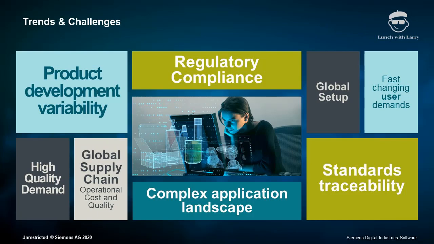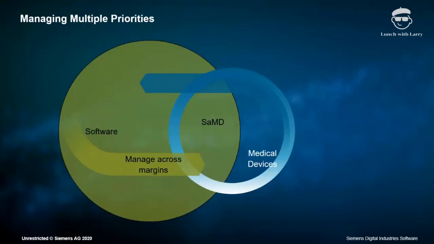So when we develop the product, oftentimes we'll have software that is a medical device and software that is not a medical device, and we need a system to put all this together in a way that allows us to manage across the margins, do some projects driven from only our internal marketing or some other type of regulation, but also have a process for developing regulated software as well. And this is really what we're trying to combine.